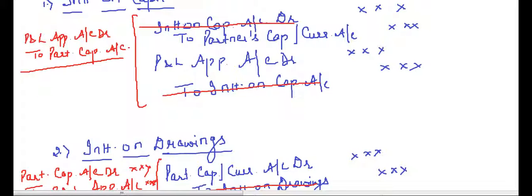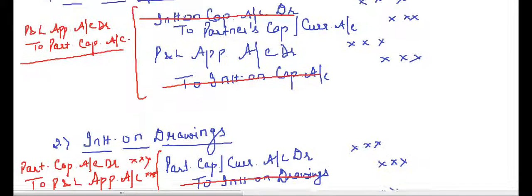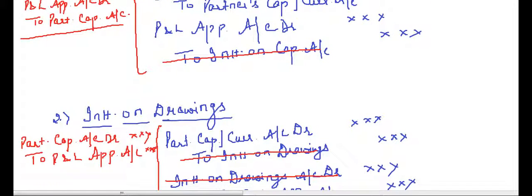Interest on capital being our expense, the entry was P&L appropriation account debit to partners' capital account, and interest on drawings is just the reverse entry: partners' capital account debit to profit and loss appropriation account. Okay, so now we will move on to the next one.